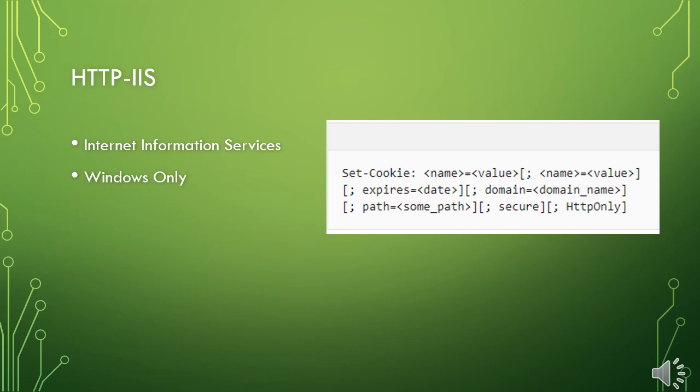Another way to secure HTTPS is to set cookies to HttpOnly. If you look on the slide, you'll see an example of what I mean when you want to set a cookie to a value. This is so that when a malicious user uses a cross-site scripting attack, it prevents the risk of a cookie containing sensitive information from being disclosed to them.